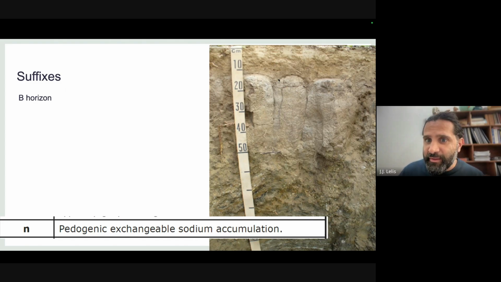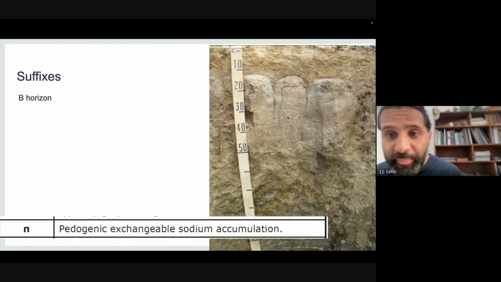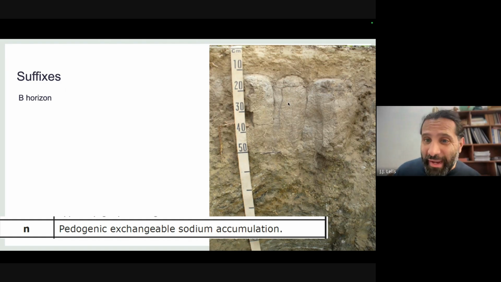And this clay starts to concentrate in the deeper horizons, in the B horizon, but especially at the top of some prismatic structures. So this concentration of clay creates this kind of concave shape at the top. Why?